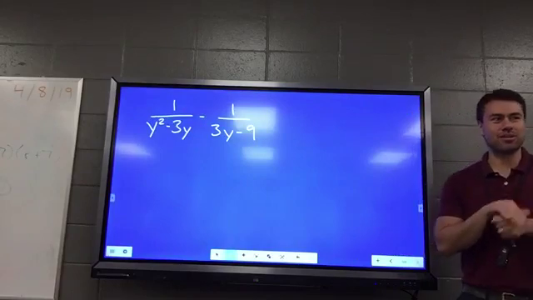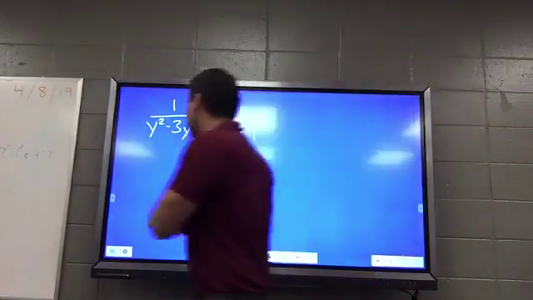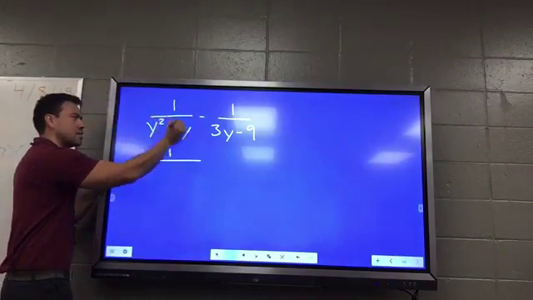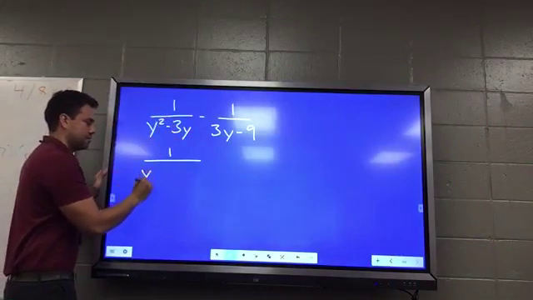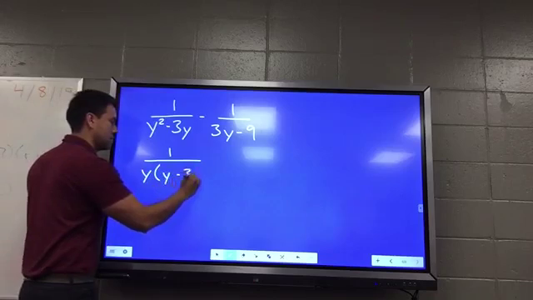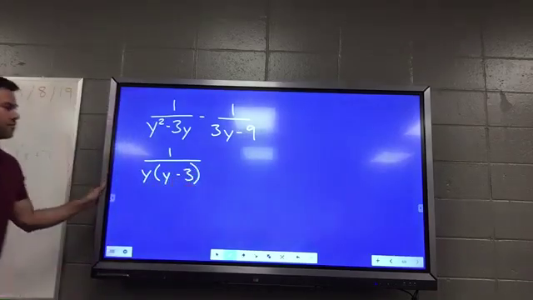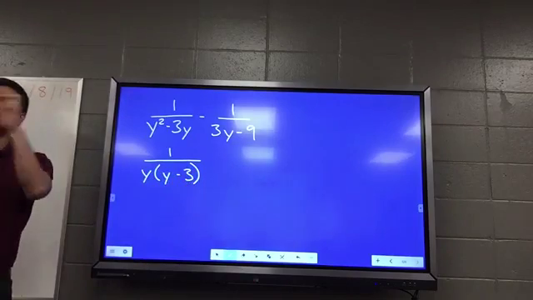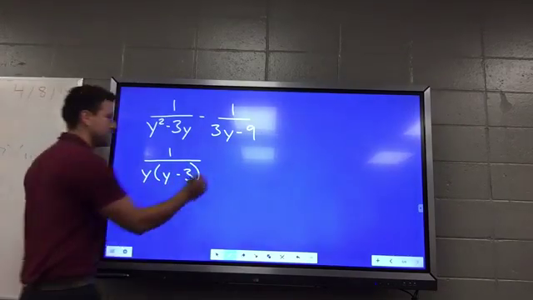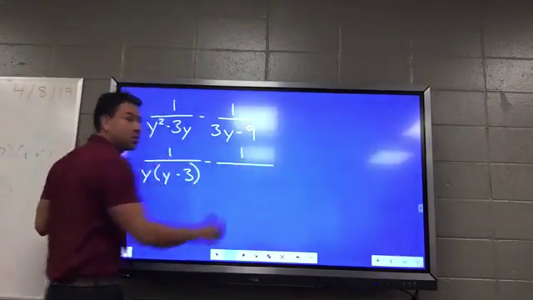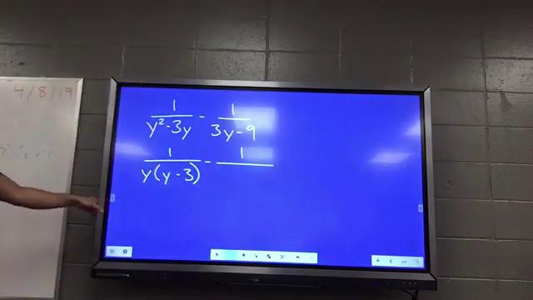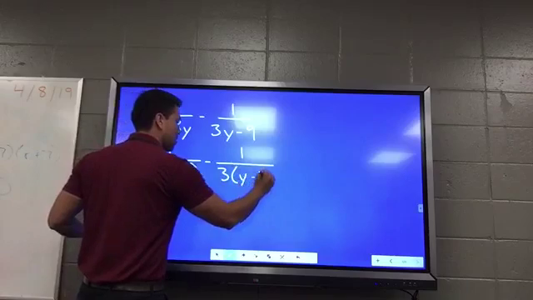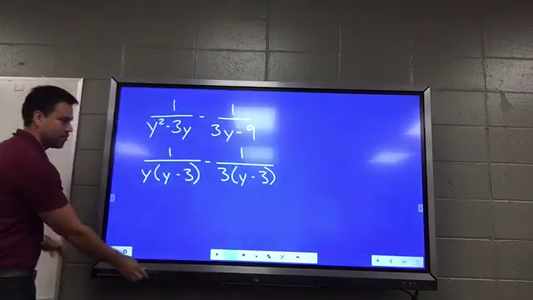I'll give you that first step. So 1 over, what factors out of this? Sometimes it's a GCF, sometimes a difference of two squares, sometimes a trinomial, it just depends. What factors out of the second denominator? I'll leave that to you now.